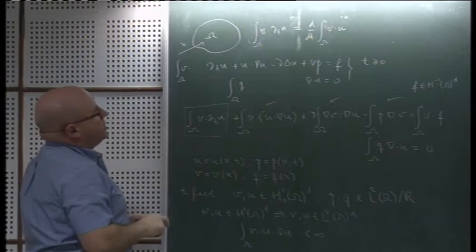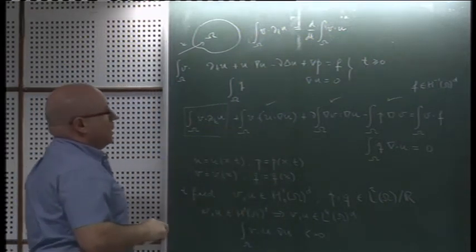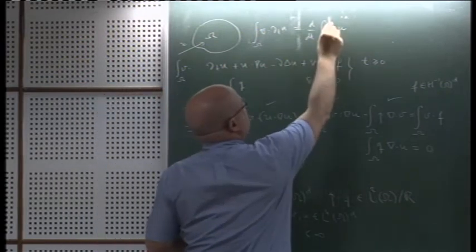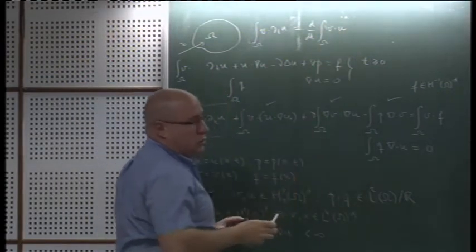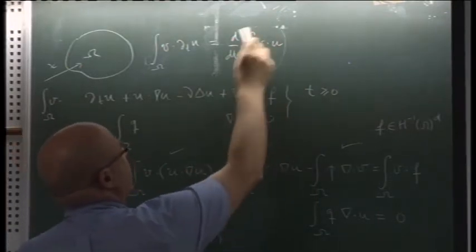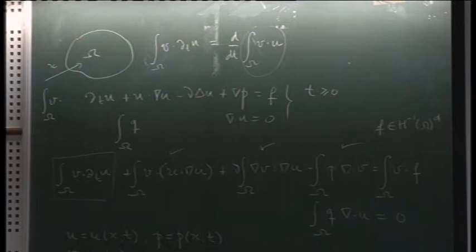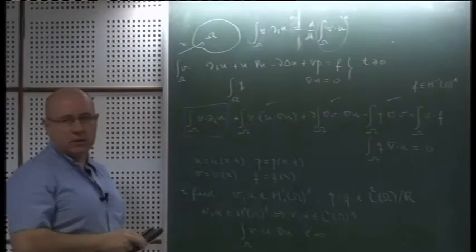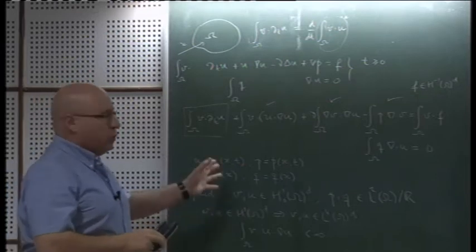Because omega is fixed in time and V does not depend on time. And of course, this belongs to L2 and this belongs to L2, in fact more than L2, but at least L2, and therefore this term is well defined. Okay, the problem is to take the derivative, but I am supposing T fixed. So concerning time, we are done.